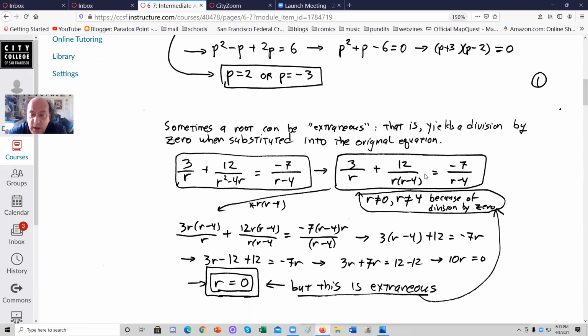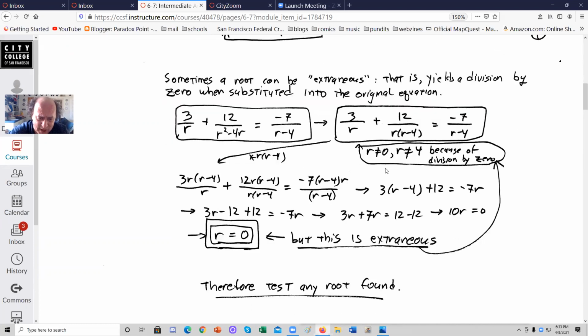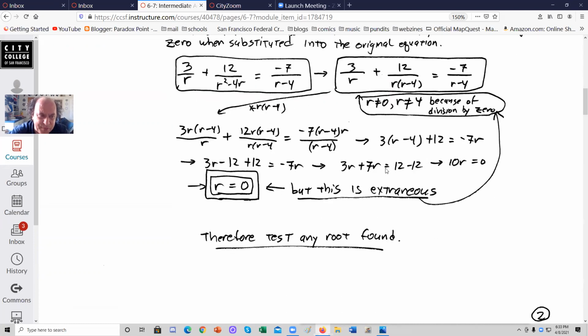But this is extraneous. The only solution that seems to work is one that gives you infinities if you plug it back. So it's not allowed. You can say that there's no solution, or you can say that there are only extraneous solutions. It means pretty much the same thing. Depends on how you feel about infinity.